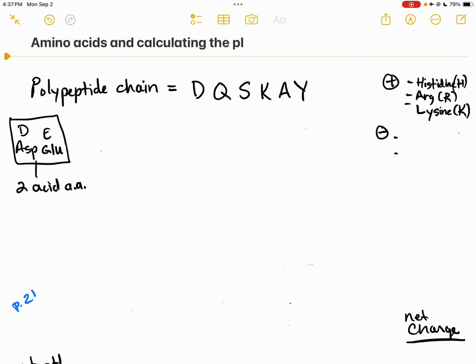And actually, they are aspartate, which is D, and glutamate, which is E. So A, B, C, D, and E are used for aspartate and glutamate.